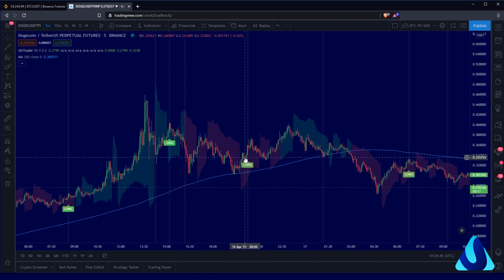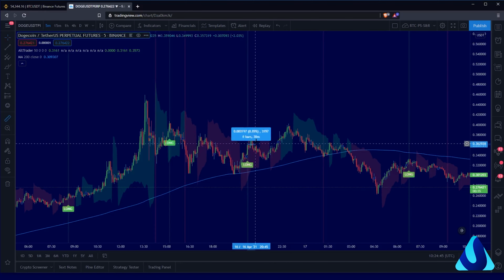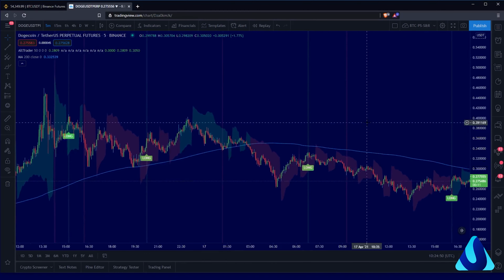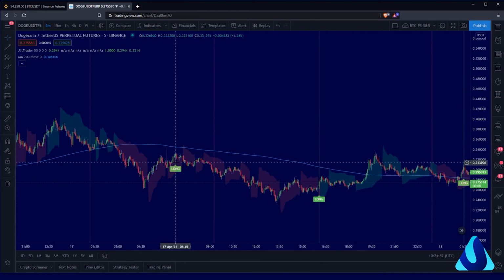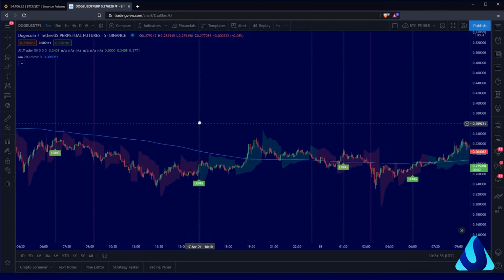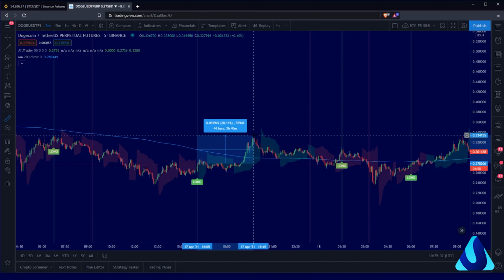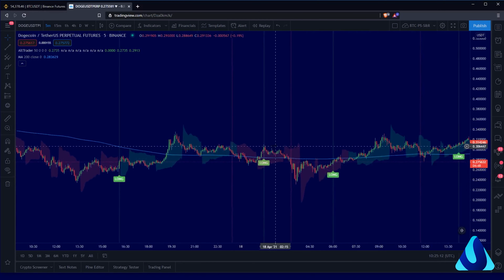Now here's another move, 11% over 2 hours. Here's another one that we would have seen stop us out, but again the moves that we're getting in terms of the overall gains from the long positions, the winning positions, they are massive. I mean, that's 20% again, and this is all on zero leverage.